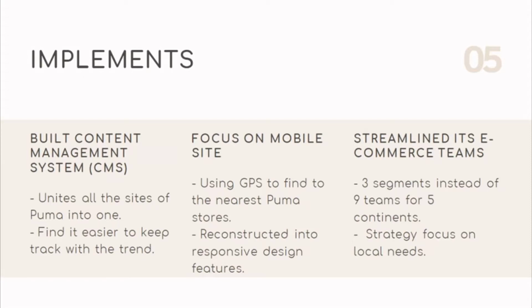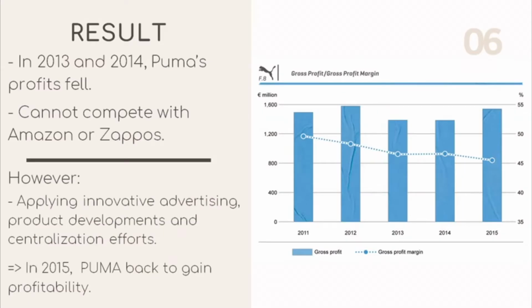So what are the results of the actions? At first, in 2013 and 2014, Puma's profit fell, which was said to be because of its significant budget for marketing. The company knew that it cannot compete with Amazon or Zappos when it comes to price with smart merchandise. However, by applying innovative advertising, product development, and centralization efforts in 2015, Puma finally experienced the brand coming back to profitability.